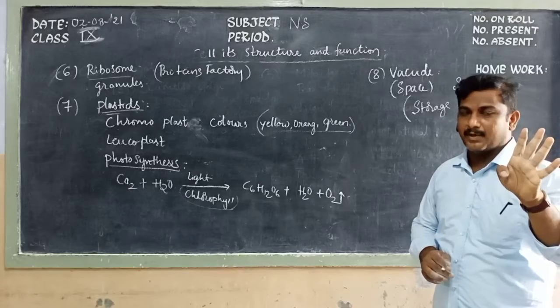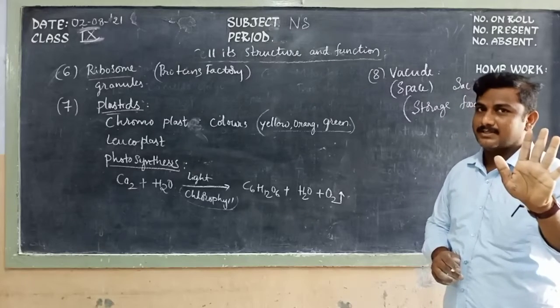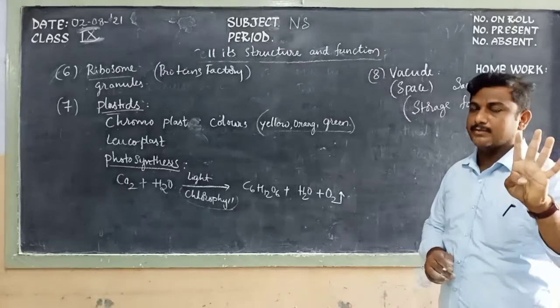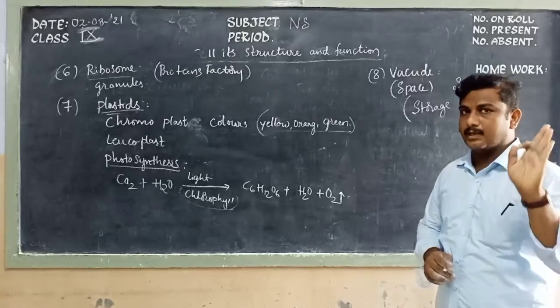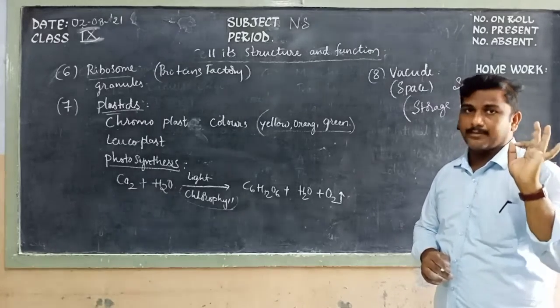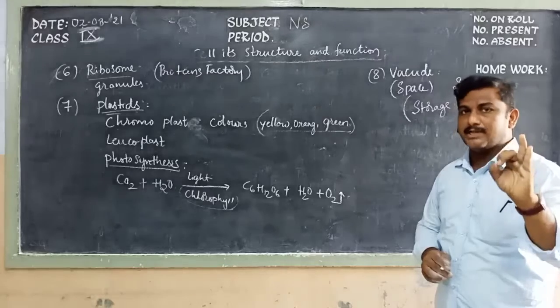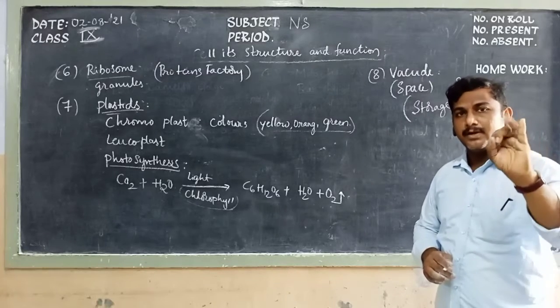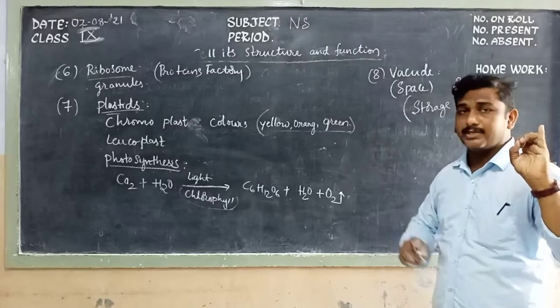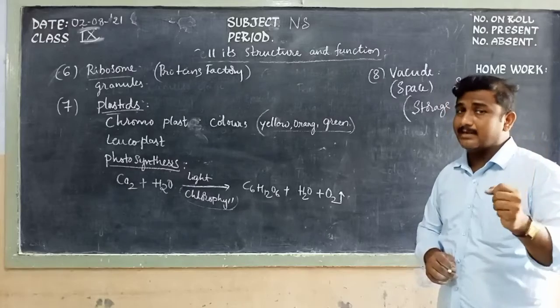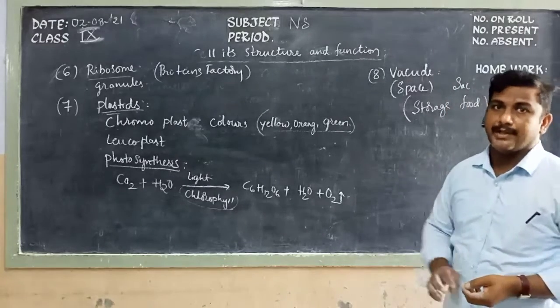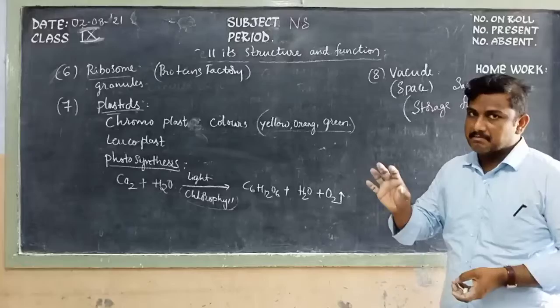Nucleus: control of the cell, or memory of the cell. Endoplasmic reticulum: transporter. Golgi apparatus: transporter. Ribosomes: protein factories. Lysosomes: suicidal bag. Mitochondria: powerhouse of the cell.